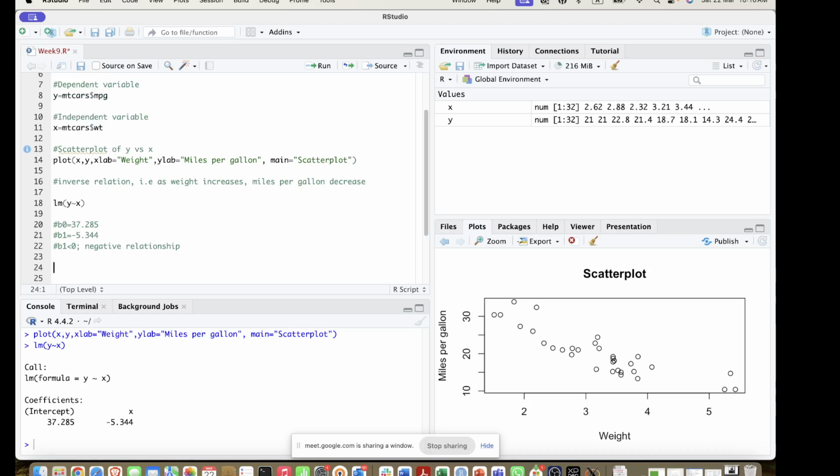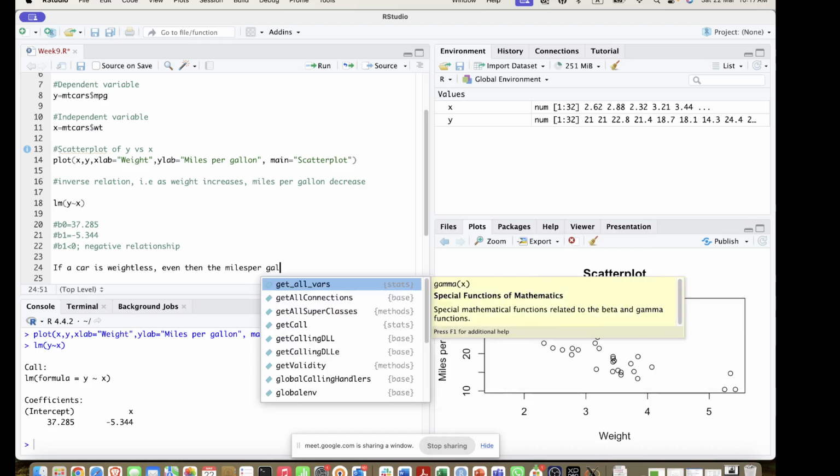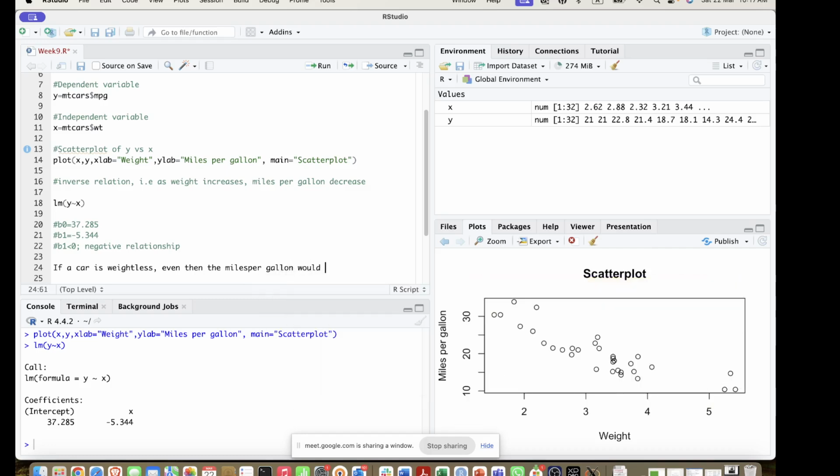It means that if the weight of a car, or I should say if a car is weightless, even then the miles per gallon would be 37.285.